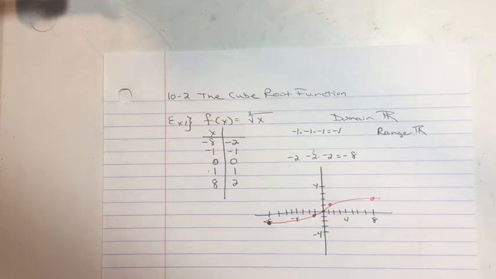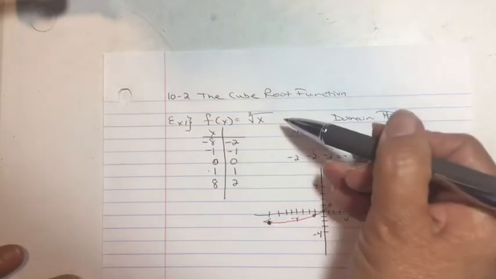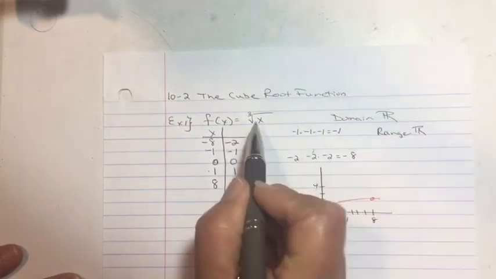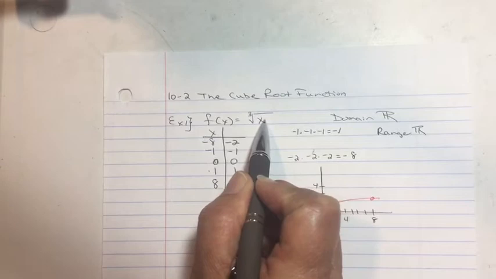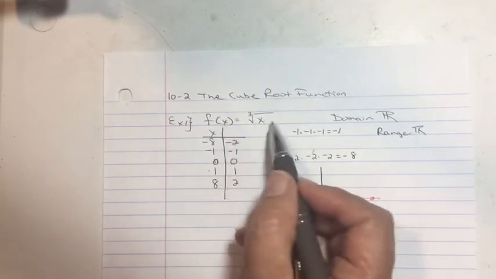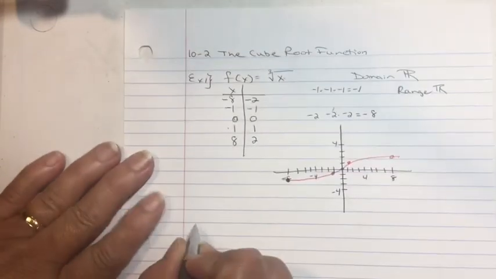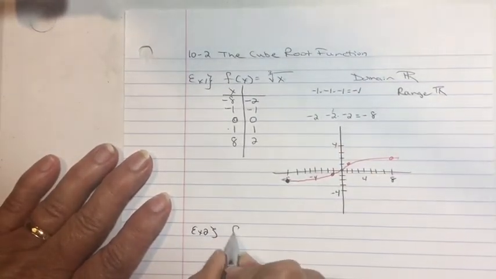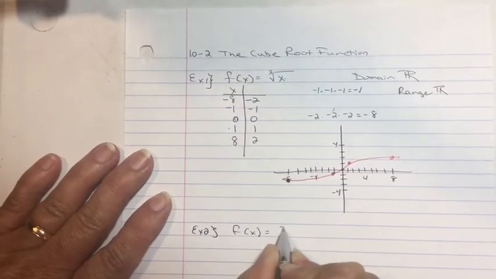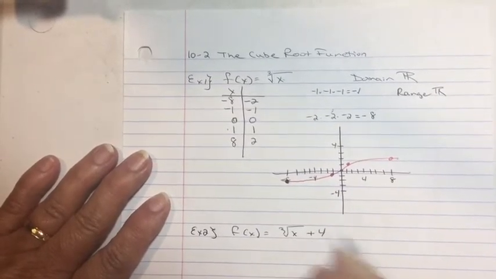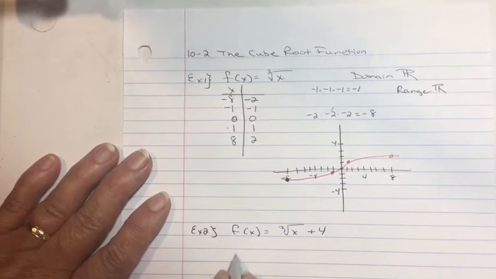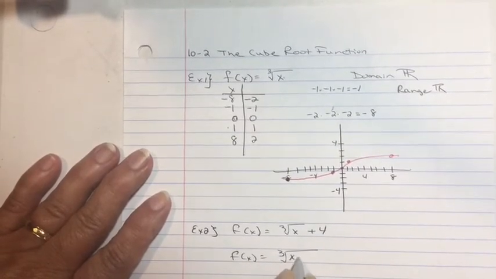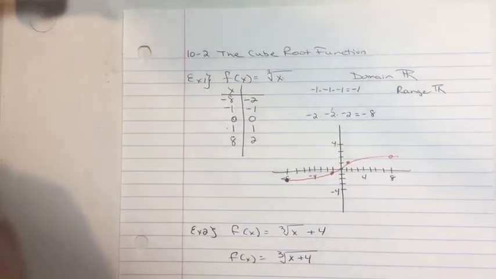Okay. The rules are going to be the same. If you add or subtract to the function, it's going to move up or down. And if you add or subtract inside of the root, it's going to move right or left. So, for example, to this parent function, go ahead and compare what the cubed root of x plus 4 will do and what the cubed root of x plus 4 will do.